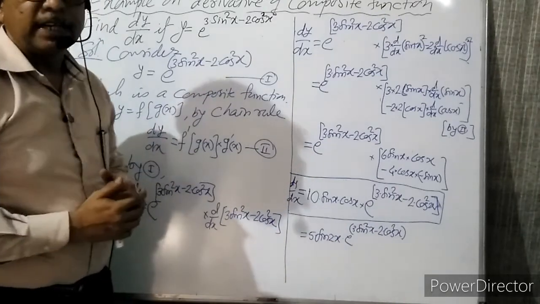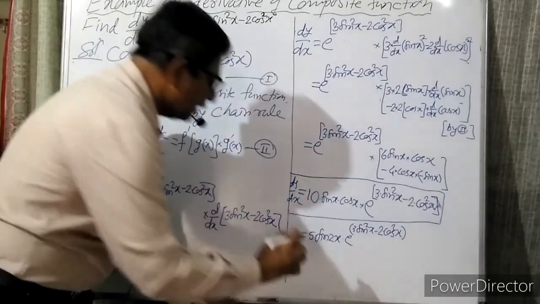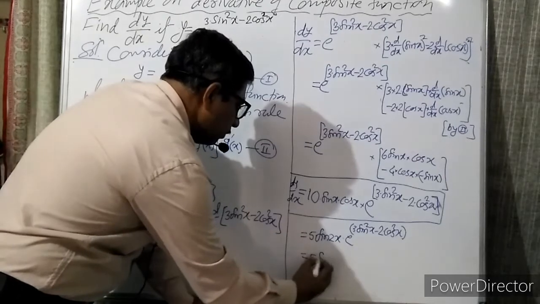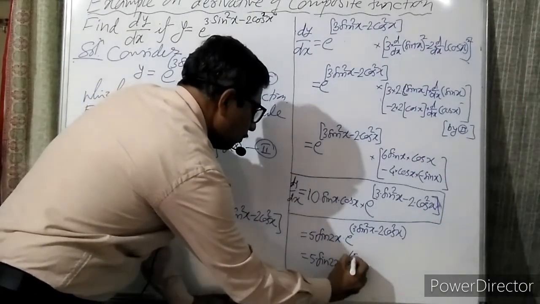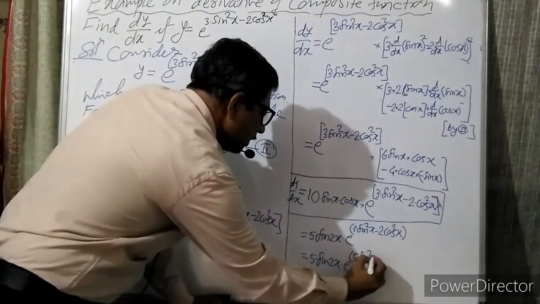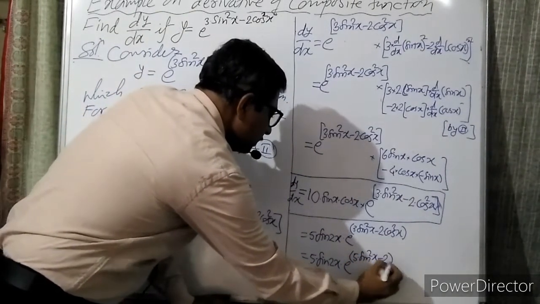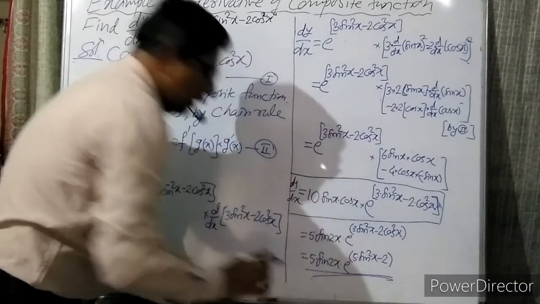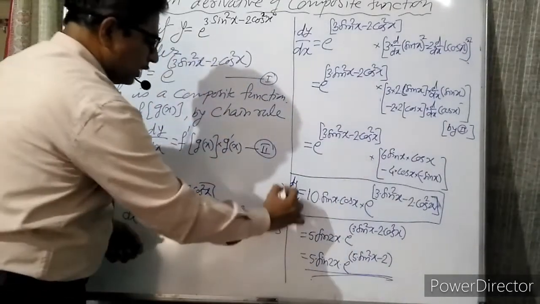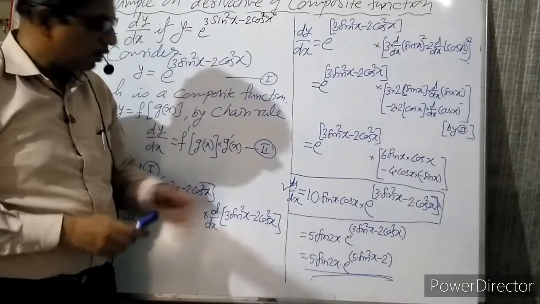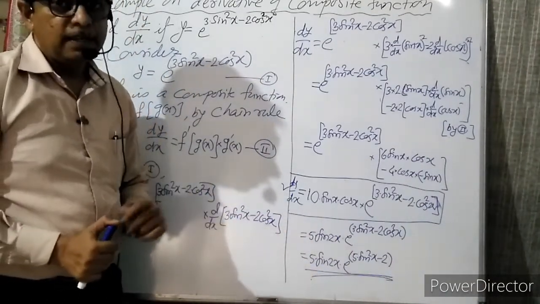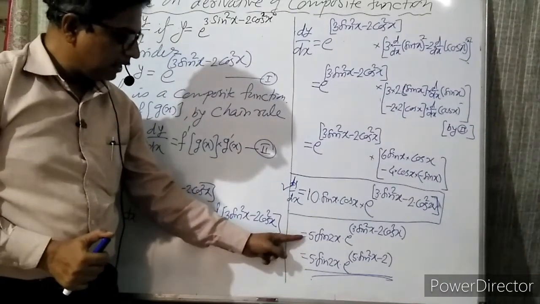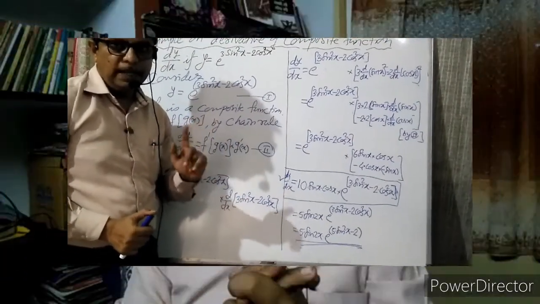So multiply by minus 2 inside the bracket, and you will get the final answer as 5 sin of 2x into e raised to 5 sin square x minus 2. Check the answer. If you are asked to find dy by dx only, you can stop up to this. But you must know these steps for the purpose of MCQ questions. The correct answer may be given like this or like this. Okay, so I think there should not be any doubt here.